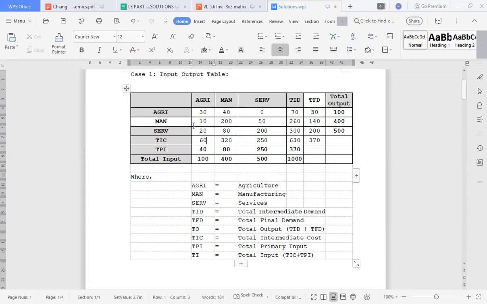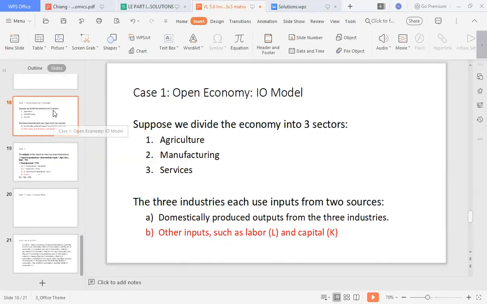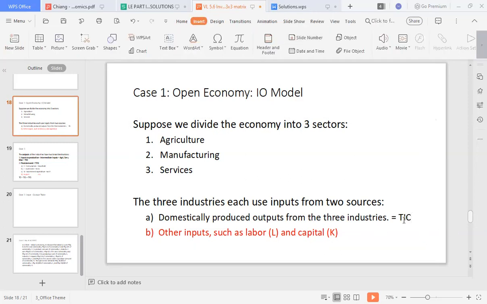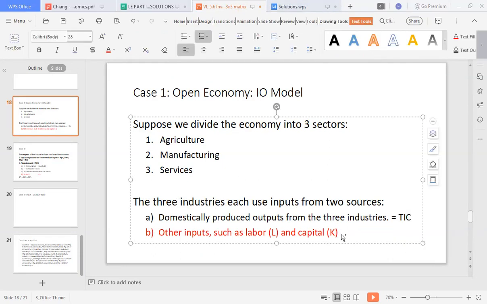That's 60. So if we have to get a cost for all of these intermediate costs, we have TIC, total intermediate cost. We also noted that this is an open model.